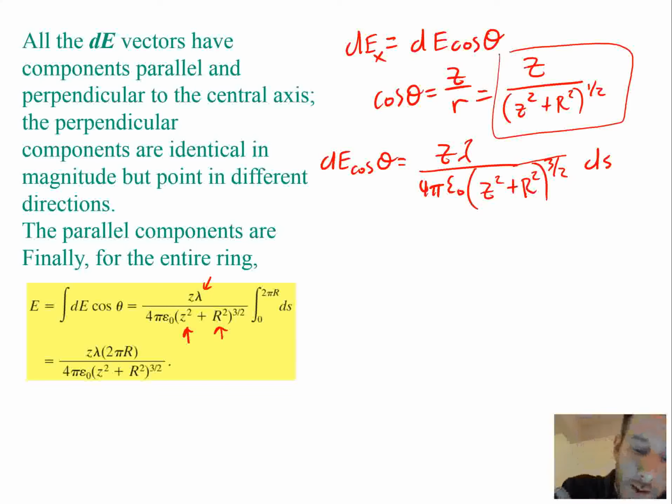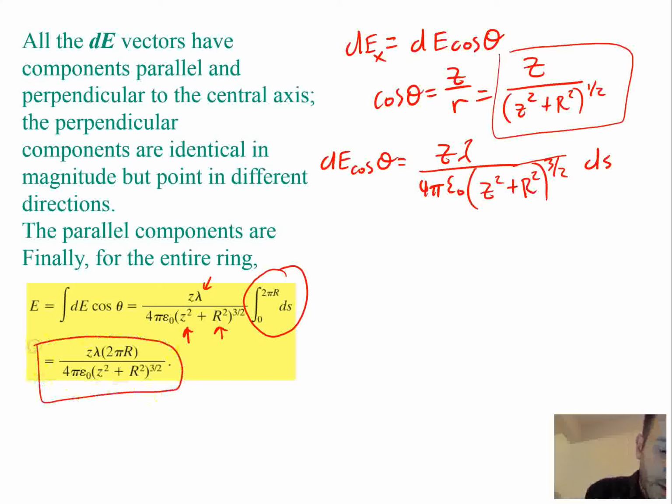And the only thing you have left in the integral for the entire loop, which is 2 pi r. 2 pi r is going to be the circumference of a circle. So you have just the integral from 0 to 2 pi r of ds, which is our incremental arc length. Okay. Now simply solving that integral and simplifying, which all you're really doing is multiplying a 2 pi r on the top, you end up with this as a result.